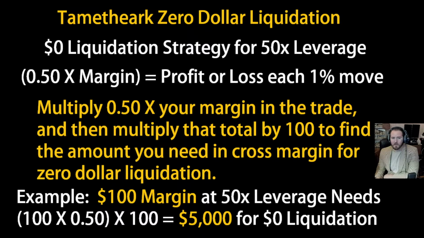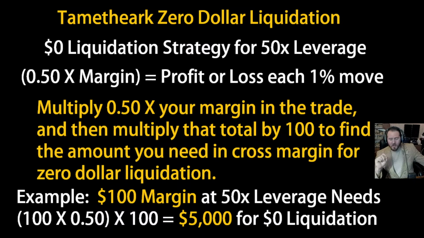That 0.5 is the 50 times divided by 100, which gives you 0.5. You multiply 0.5 times your margin, and that's going to be how much profit or loss each 1% move. Now, multiply 0.5 times your margin in the trade, and then multiply that total amount by 100 to find out how much you need on cross margin for the $0 liquidation strategy.